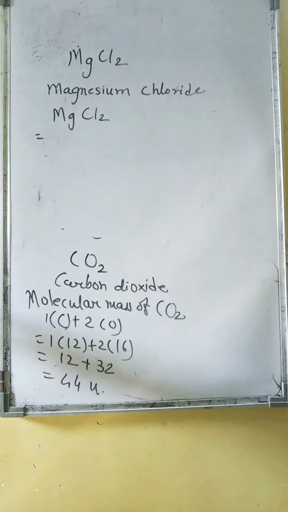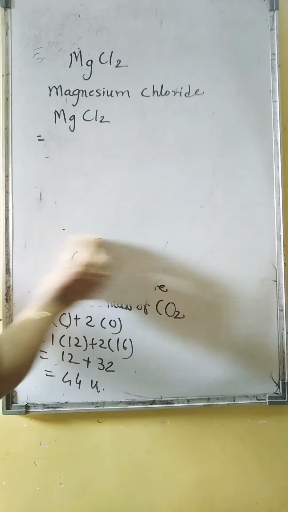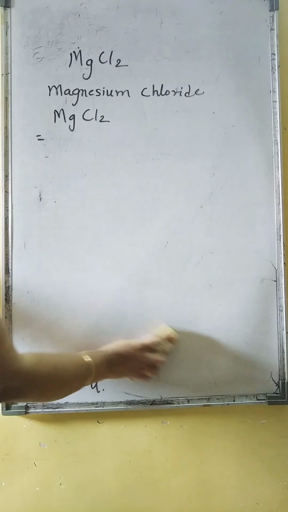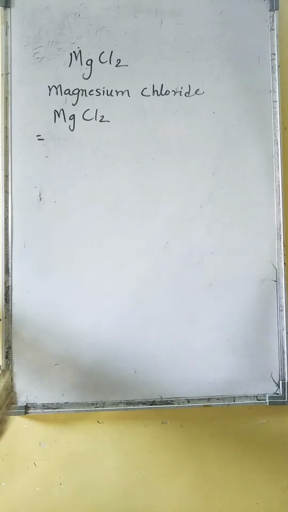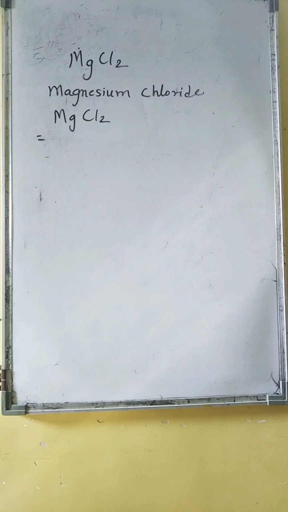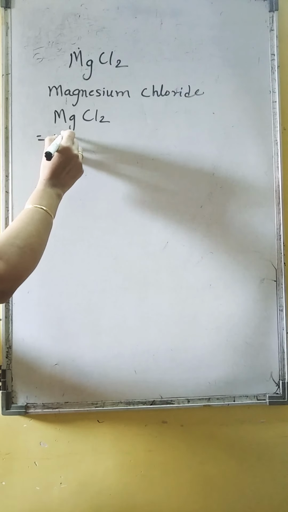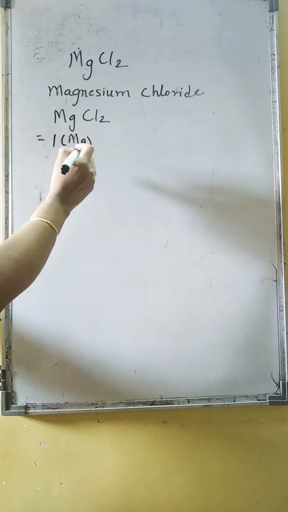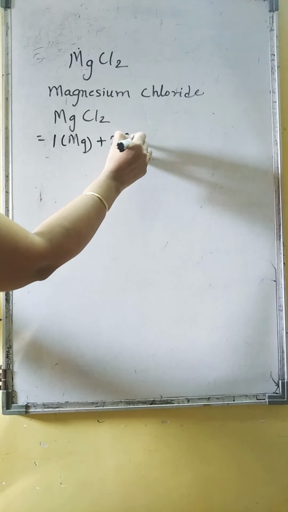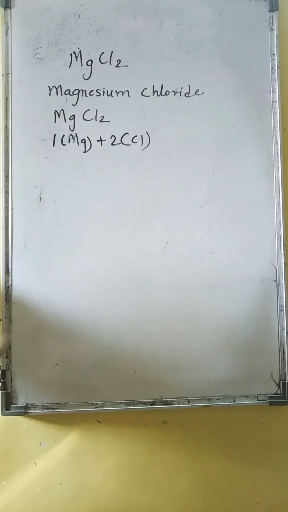Children, are you able to do now the molecular mass the way I wanted? So let's do. So it will be 1 times Mg plus 2 times Cl.